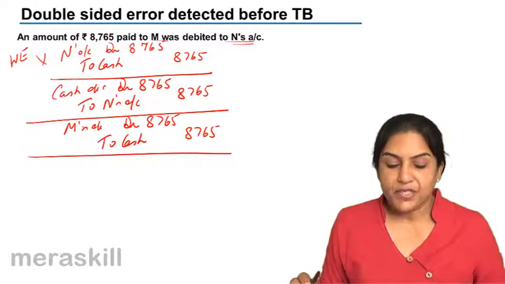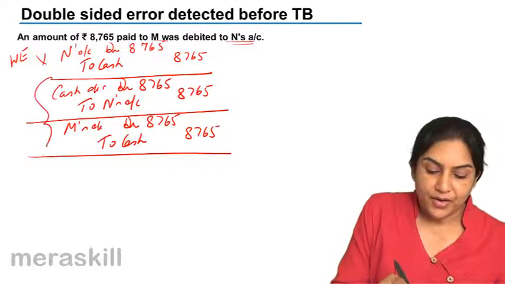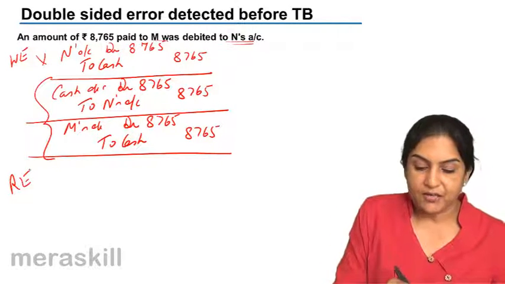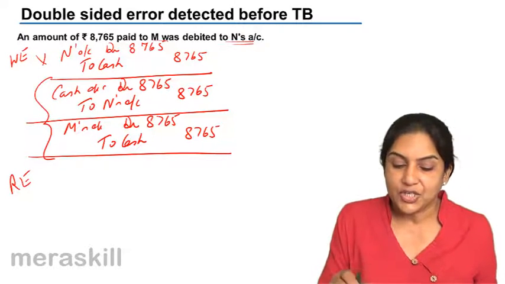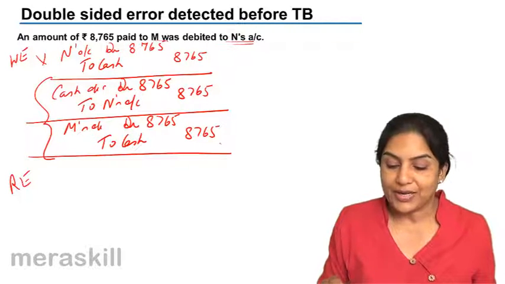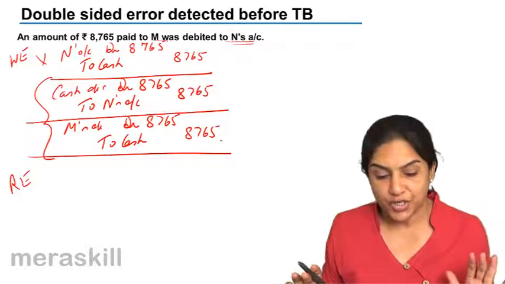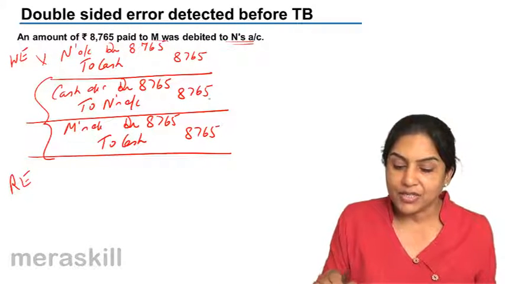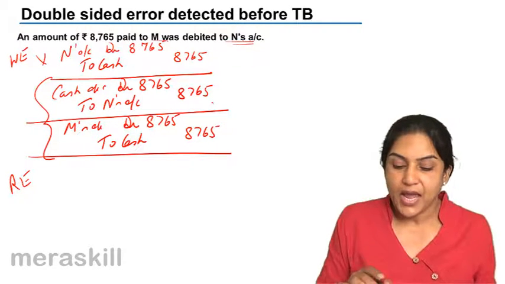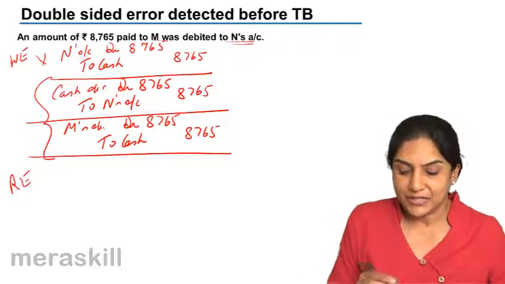So here what happens, if we combine these two entries, then we get the rectifying entry. What do we get here? Cash is debited 8765. It's also credited 8765. Therefore, we don't bring the cash account into the picture at all. N's account is credited by 8765. M's account is debited by 8765.